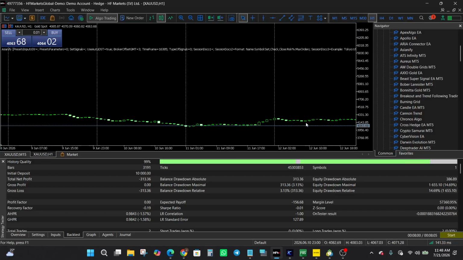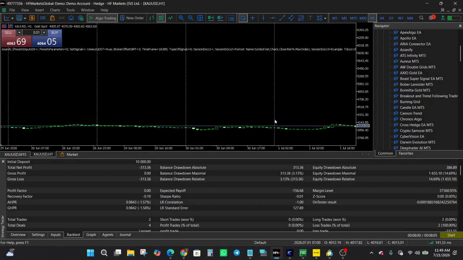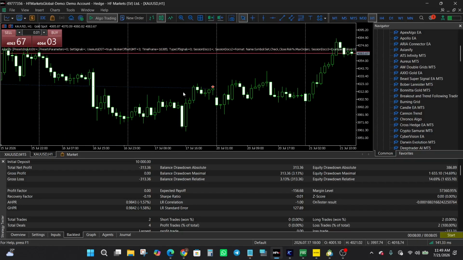So it's not surprising to see that only 2 trades were executed when the expert advisor can hold a trade for months. We can see that the trade was finally closed in July, right? So the long stretch of holding trades kind of lines up with a session breakout approach that is not looking for quick scalps.